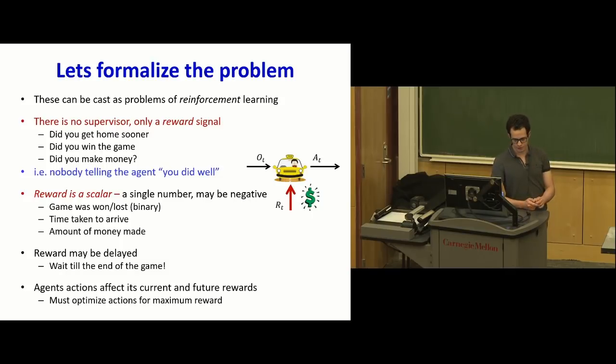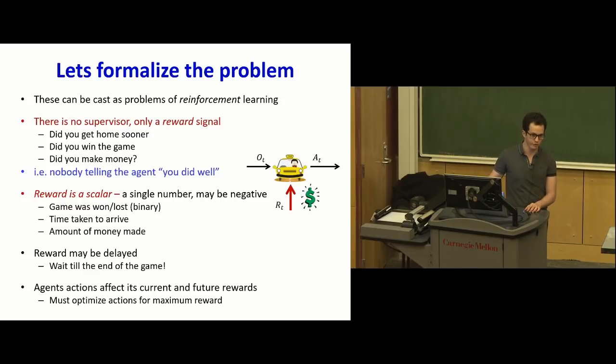The big difference between that and supervised learning that you are mostly used to is that there is no one telling you you did well at this specific moment. You just have the reward that's possibly delayed, and also you don't have the golden target to compare with.